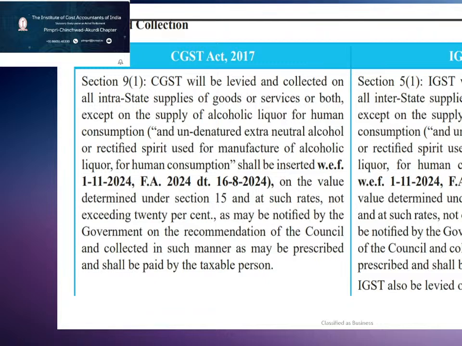Yes, that is right. But some people make mistakes: without noticing the 118%, they directly take 151 as the aggregate turnover and say he is not eligible for the composition scheme. The definition has to be clear for the students.